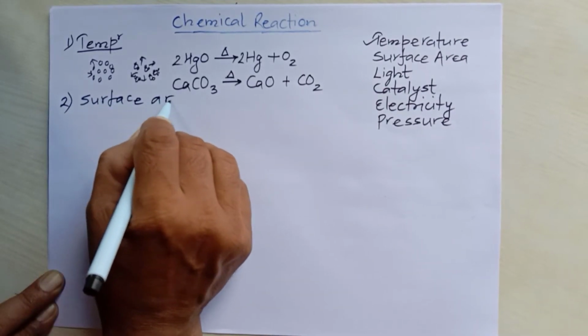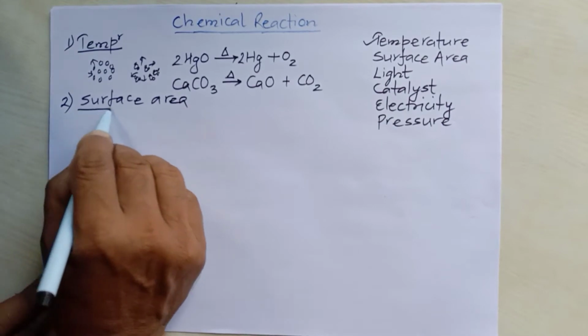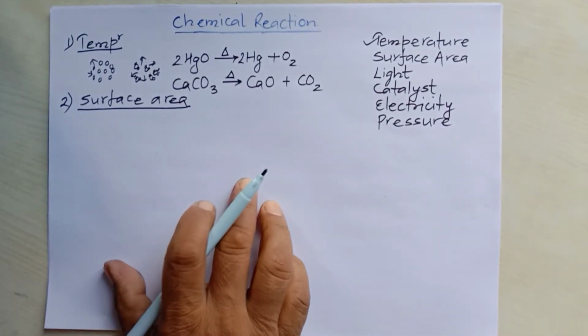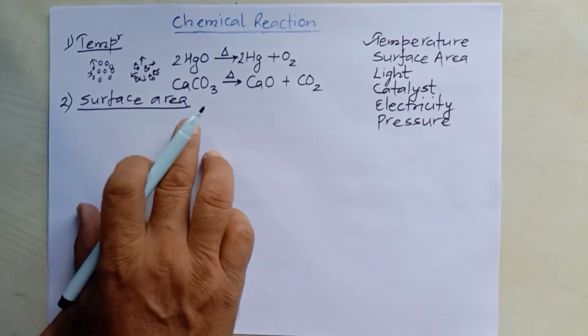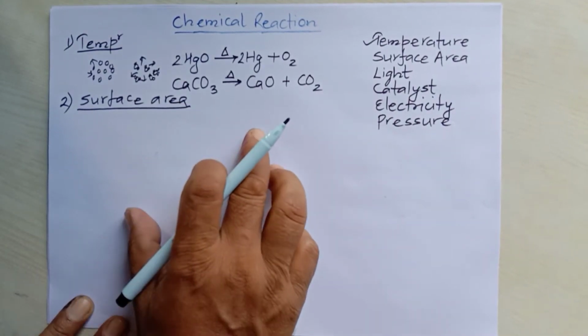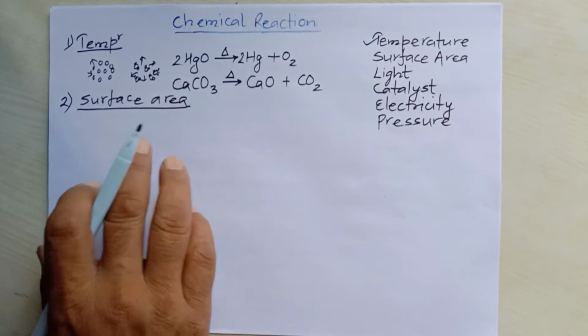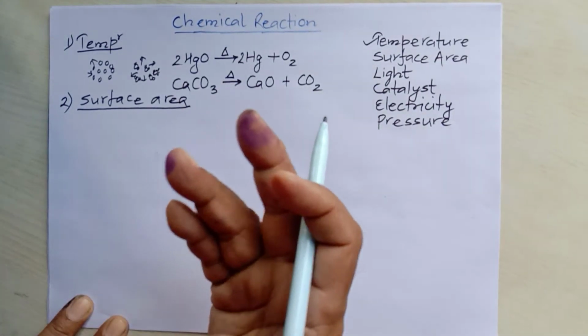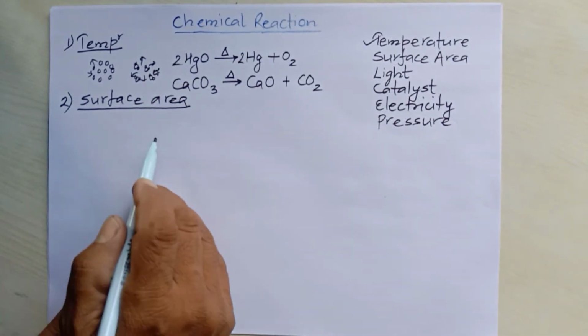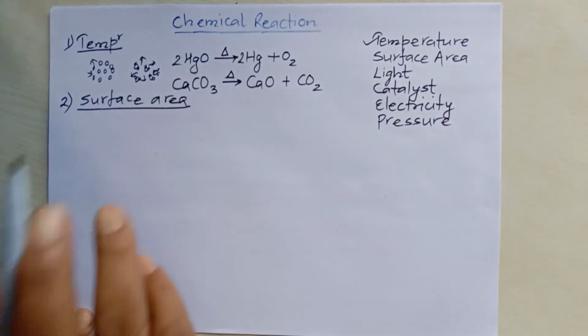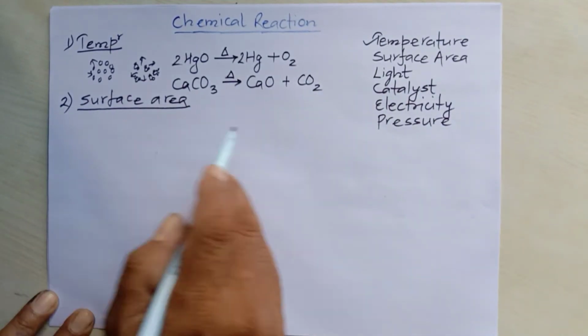Now how does surface area affect the rate of chemical reaction? Rate of chemical reaction increases with the increase of surface area of the reactants, because more molecules of the reactant come in contact with others when their surface area is increased.